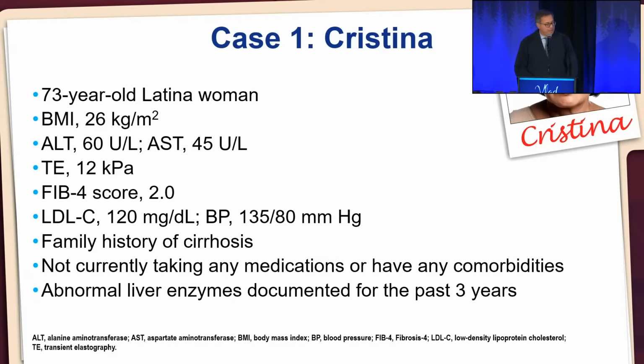She does have a family history of cirrhosis. She does not take any medications or have any comorbidities. And she has been diagnosed with abnormal liver enzymes over the past 3 years by her general practitioner, but nothing was done specifically about that.